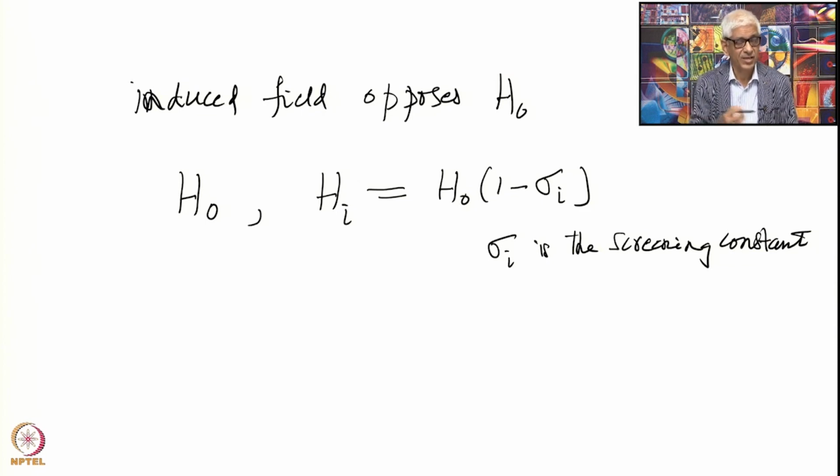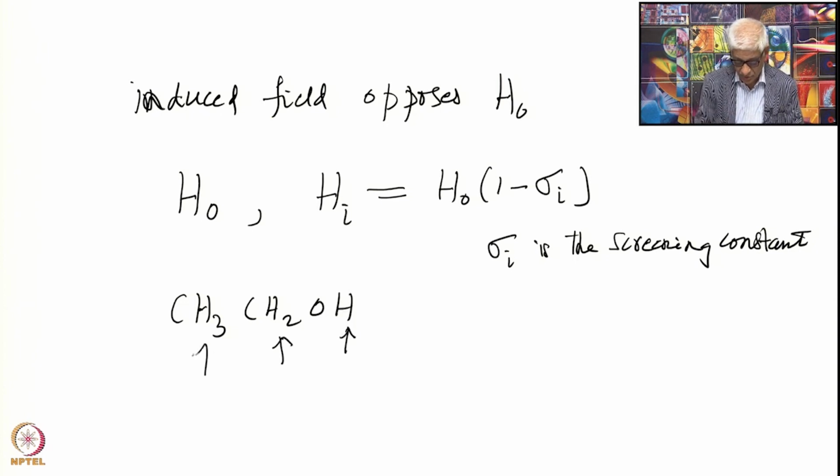This is why you got 3 different lines in alcohol, CH3CH2OH. The electron clouds around these protons are all different, and that is why they all have different absorption of energy, and that is called the chemical shift.